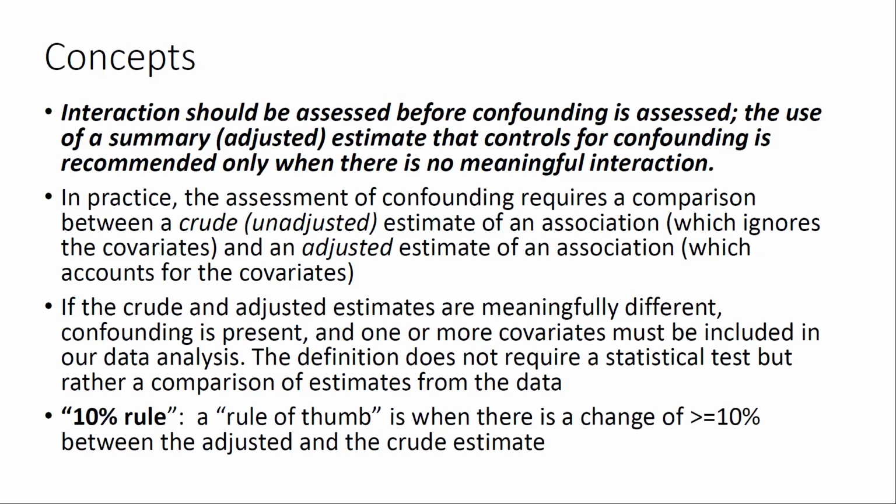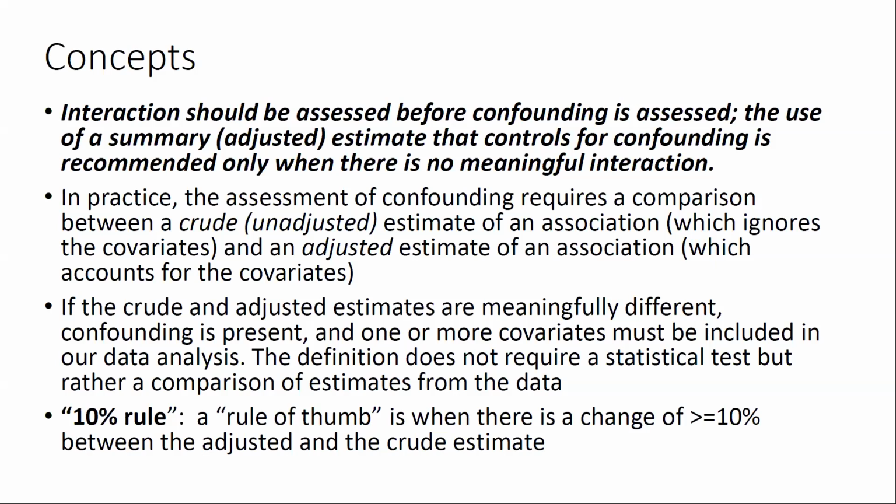So if the crude and adjusted estimates are meaningfully different, then confounding is present, and one or more covariates must be included in the data set in order to have a meaningful answer for the scientific question.